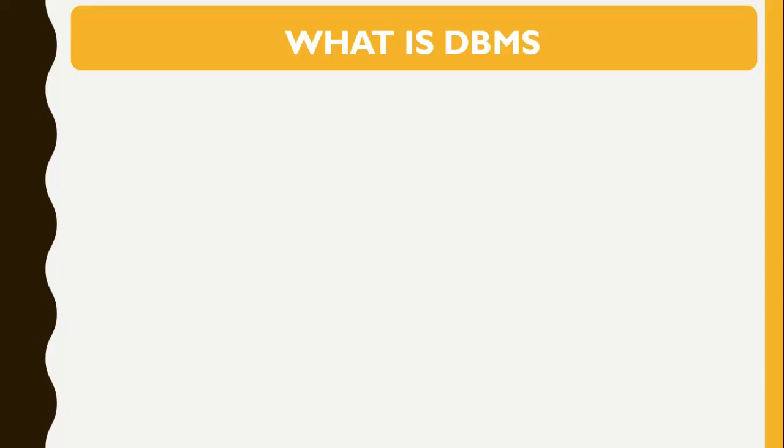Okay, now what do you mean by DBMS? DBMS stands for Database Management System, and it is a software by which we can manage a database. Simply, what do you mean by data? Data is the collection of raw facts and figures which don't have their own meaning. Next, what is a database?